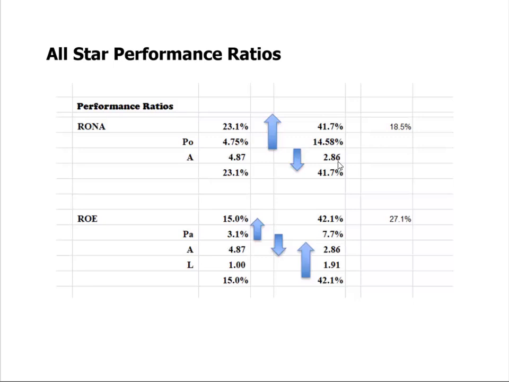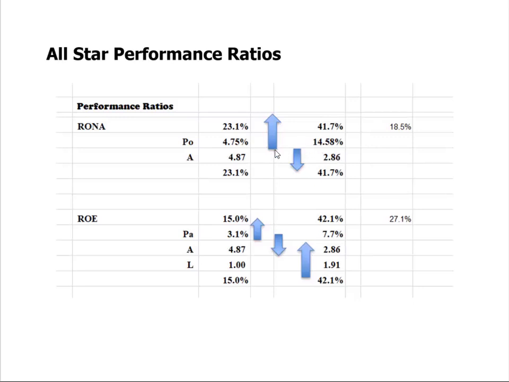And in this case, what has happened is All Star has invested in new fixed assets to produce mattresses. It also has more working capital on its balance sheet, so therefore the activity ratio has declined.